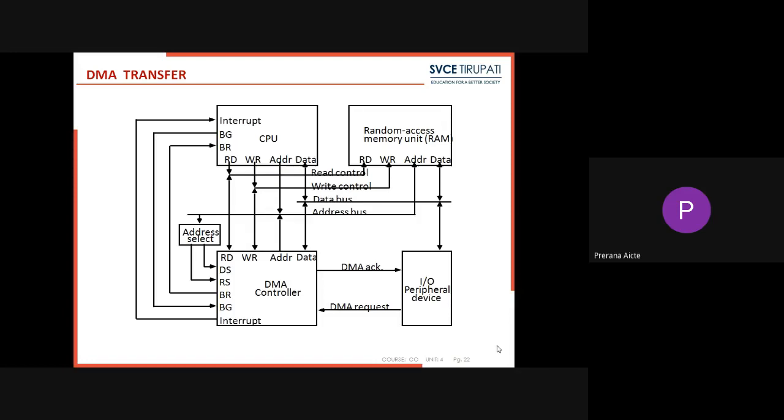For each word that is transferred, the DMA increments its address register and decrements its word count register. If the word count register reaches 0, the DMA stops any further transfers and removes its bus request.